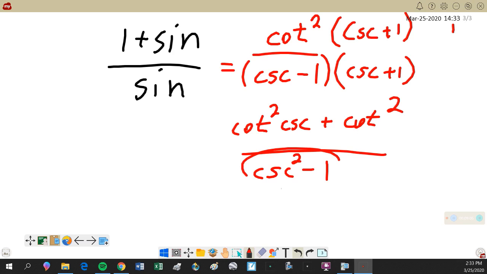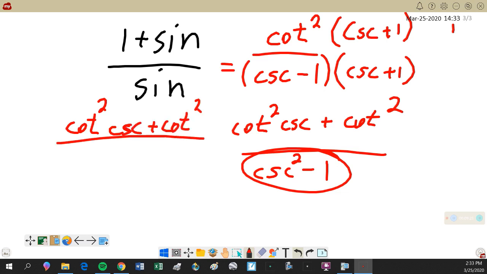Well, this is cotangent squared, I think. I better look. Yes, cosecant squared minus 1 is cotangent squared. So I get cotangent squared cosecant plus cotangent squared over cotangent squared.